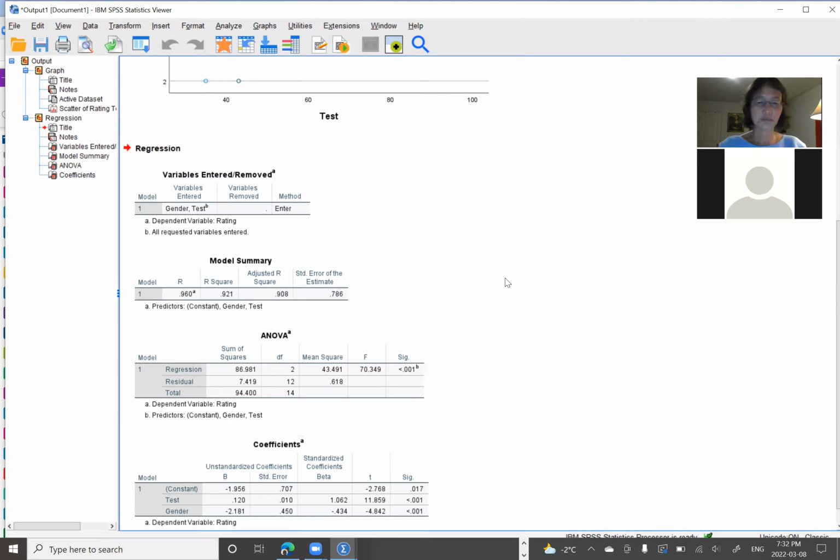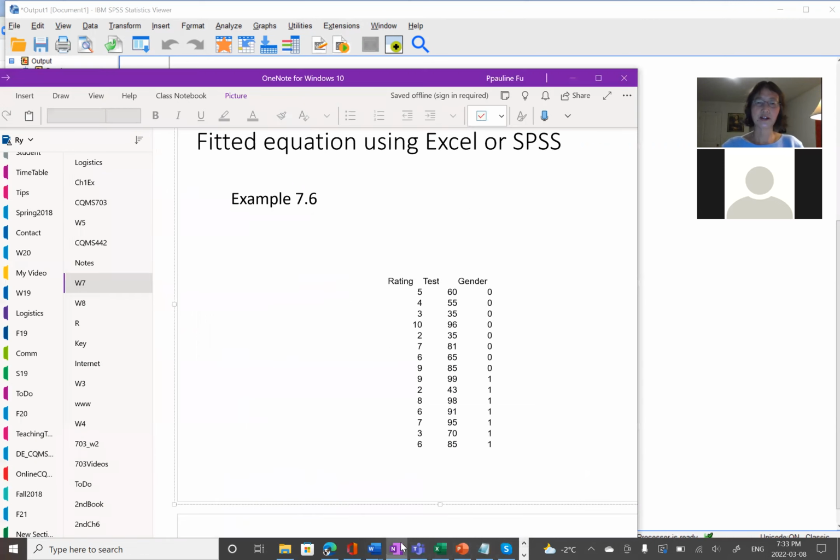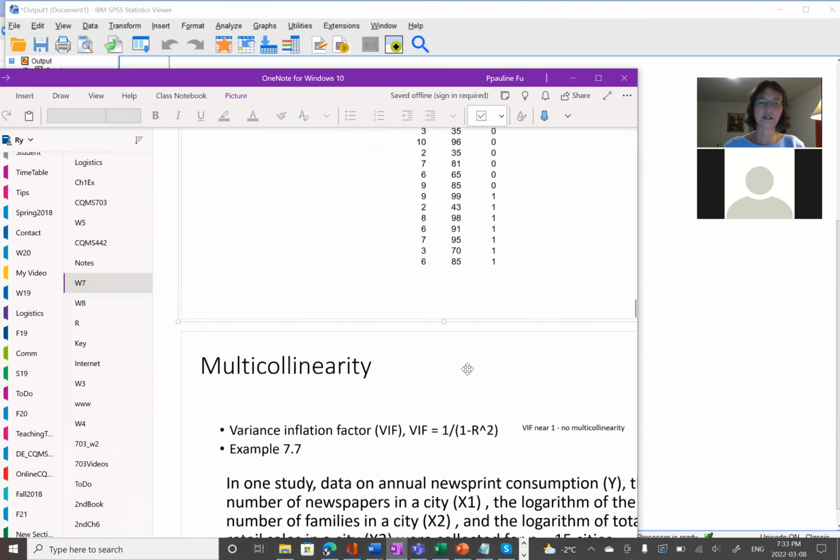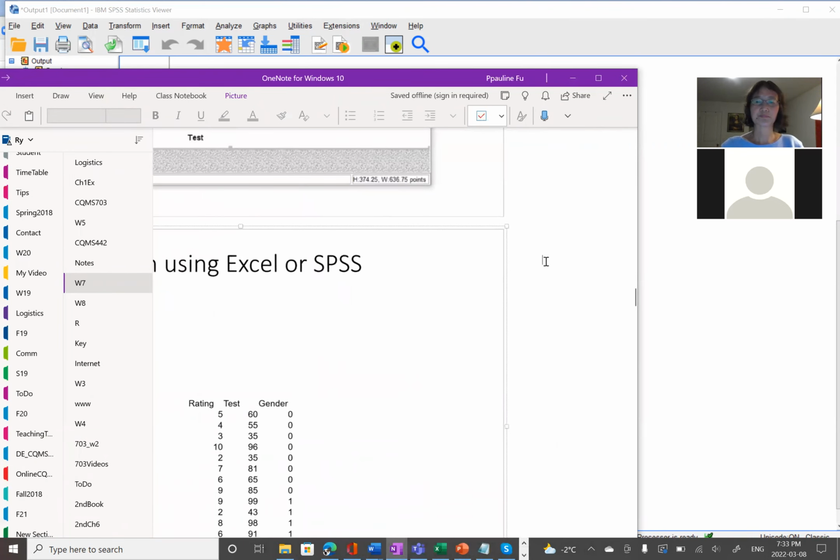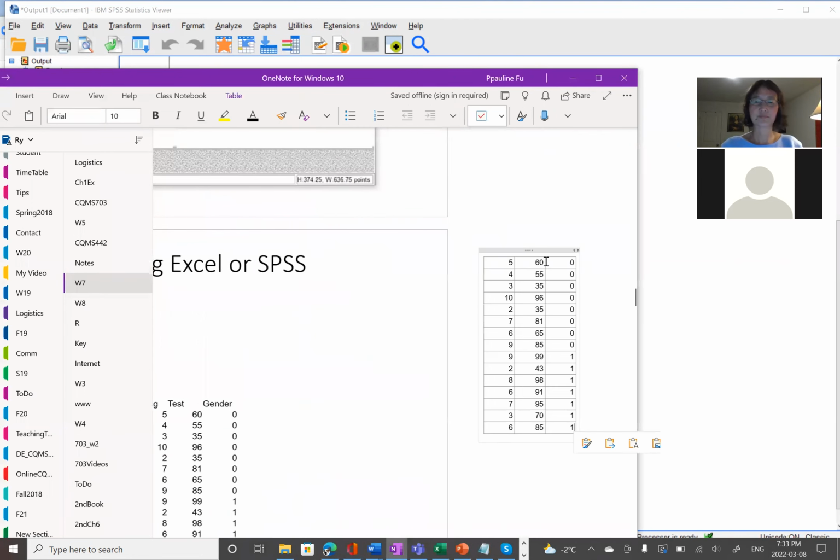I'm just going to copy this to my OneNote so that I can make a notation.